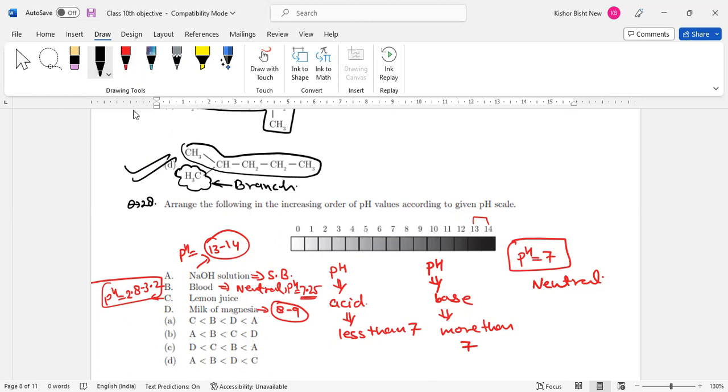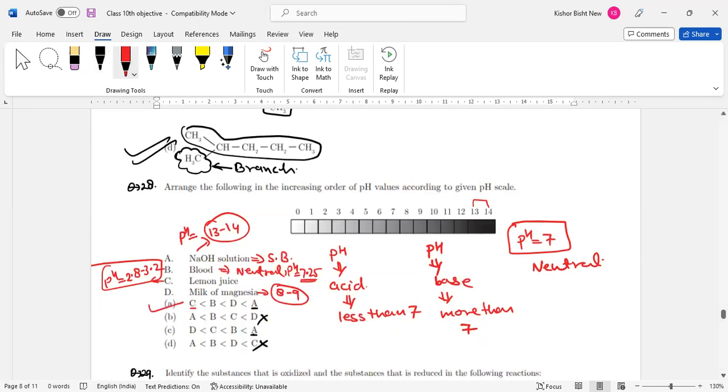NaOH has the maximum pH. So A is the maximum, so option A or C. B and D are incorrect, I can say that directly. Now which one is the least? The least one is the pH of lemon juice. So C is the least. So the correct answer is A.